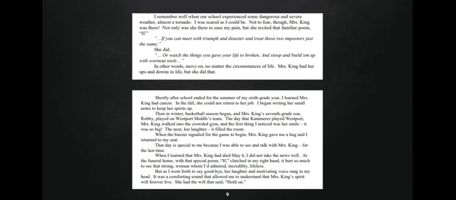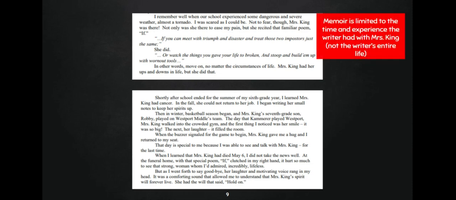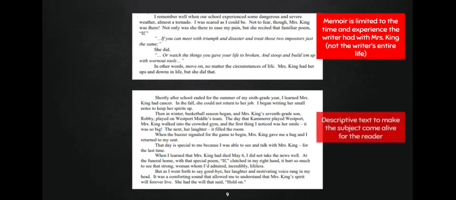So what we saw the writer do here to finish out this memoir piece, remember that the memoir is limited to the time and experience that the writer had with Mrs. King. We have no details other than the time that he or she had with Mrs. King, not any other part of his or her life, just that relationship. So it was focused in, like a memoir would be.